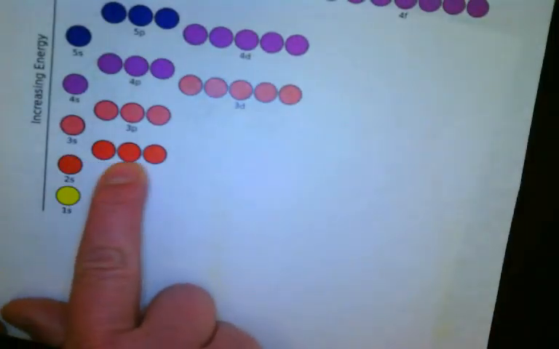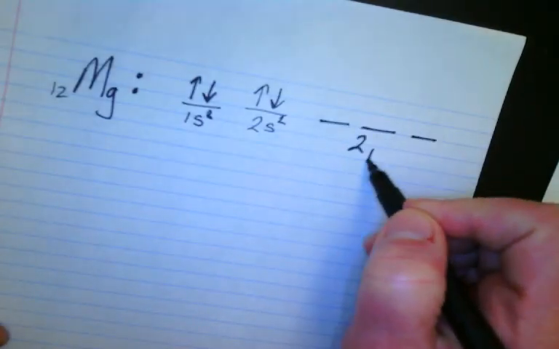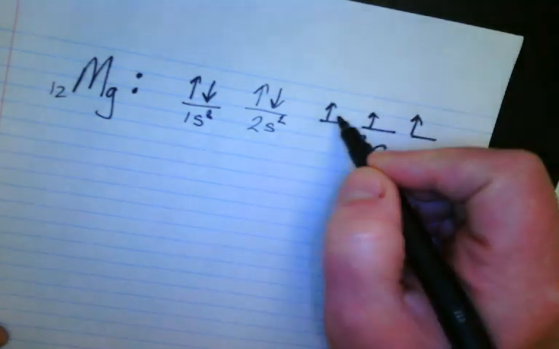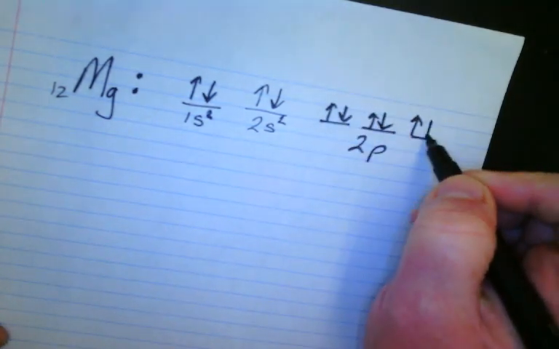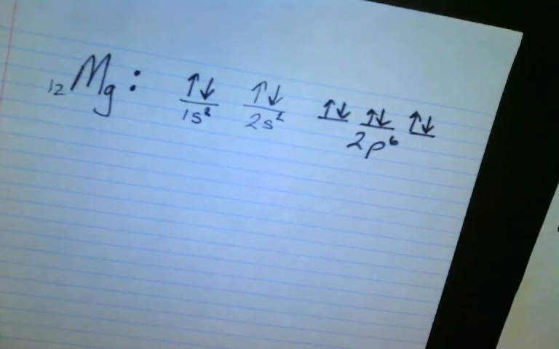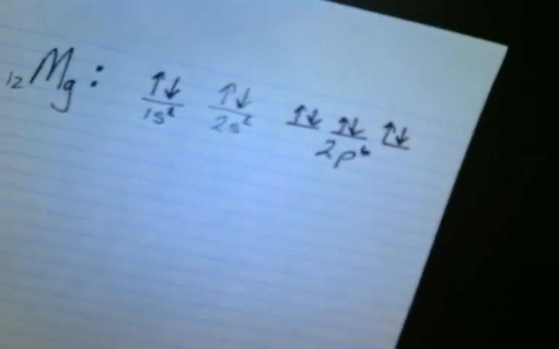So I'm moving up. I'm going to shift over to 2p. I have 3 lines to draw. And I'm going to hand my electrons out evenly, right? Now I'm at 10. So I'm at neon.